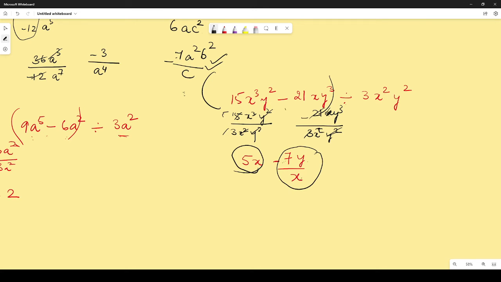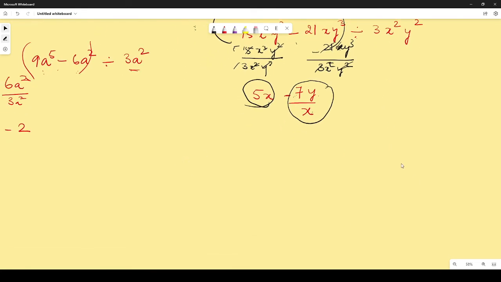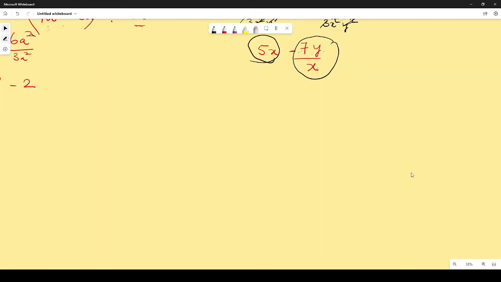Now let us talk about dividing a polynomial by a polynomial. Here comes the bada bhai, chhota bhai part. Okay, so let us take a simple one as it is given over here in your book.